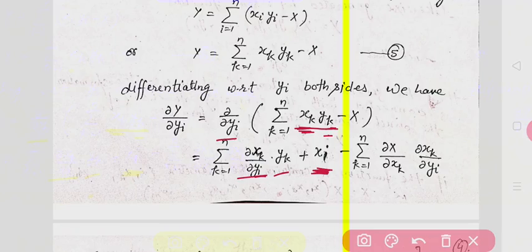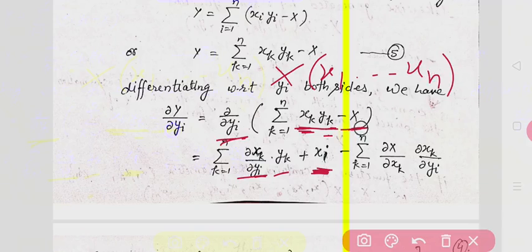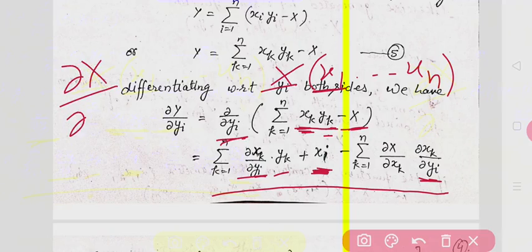So that means it will be xi, and minus the derivative of capital X with respect to yi. You know that X is a function of x1, x2, x3, ..., xn. So when you take the derivative of X with respect to yi, what will it be? ∂X/∂xk times ∂xk/∂yi, by the chain rule. But this transformation is given: ∂X/∂xi is equal to yi.